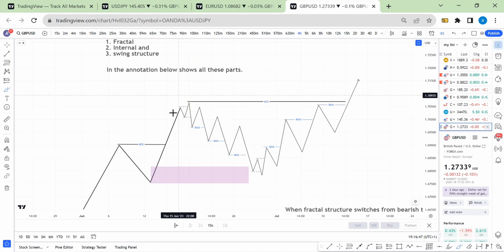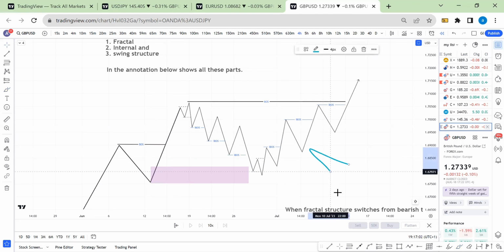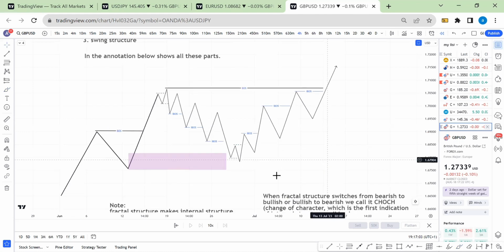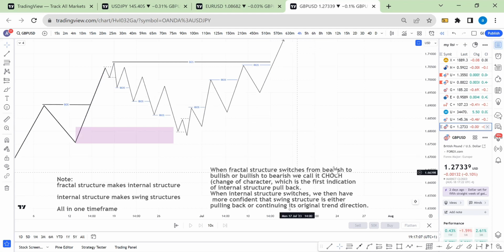This fractal structure, as it were, is what we refer to as change of character. When the fractal structure switches from bearish to bullish or bullish to bearish, we call it CHoCH.